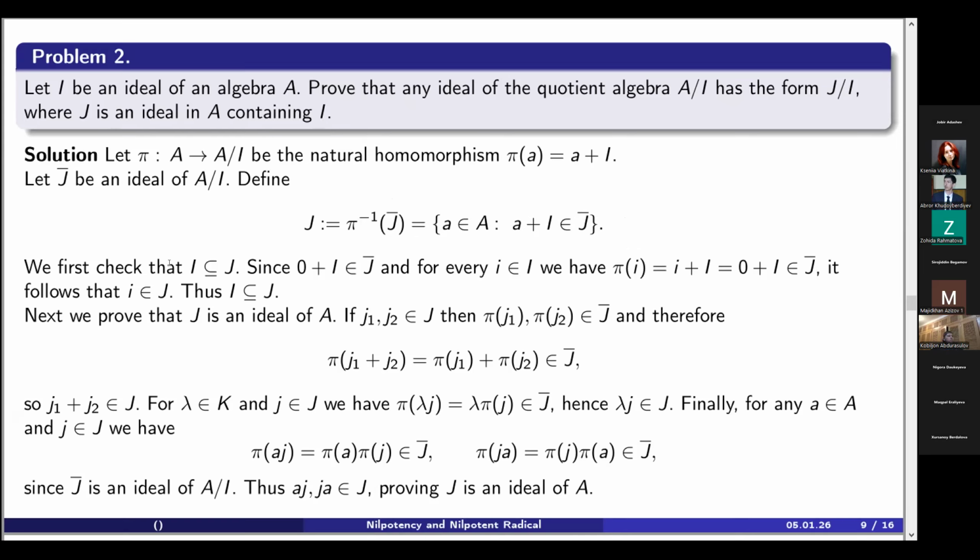We first check that I is a subset of J. Since 0 plus I is in J-bar, and for any i in I, we have P(i) is i plus I, which belongs to J-bar. It follows that i is in J, thus I is a subset of J.